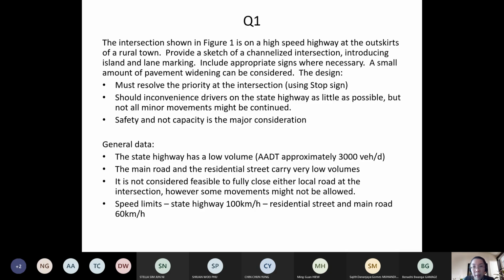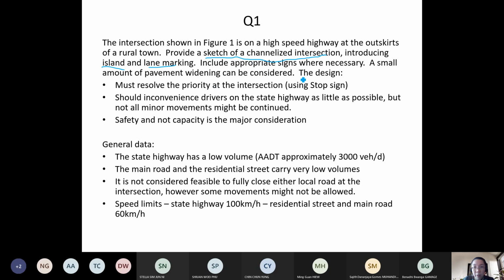If you look at the question, what is the question? Okay, provide a sketch of channelized intersection, introducing island and lane marking only.